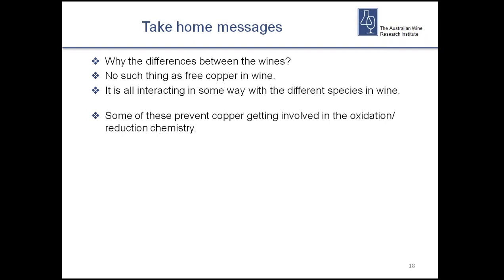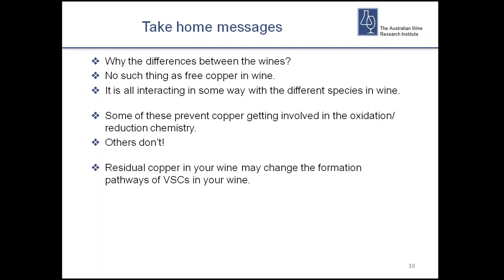So some of these compounds prevent the copper from being involved in the oxidation and reduction chemistry. Compounds such as cysteine and glutathione prevented it and actually reduced the impact of copper on hydrogen sulfide formation. But other compounds such as SO2 actually led to an increase in hydrogen sulfide concentration.